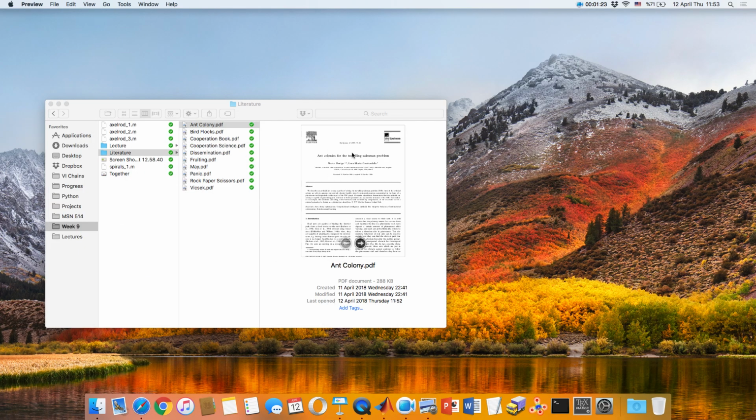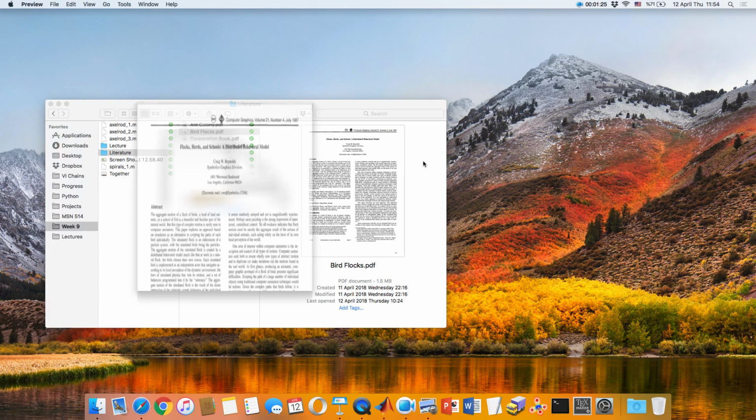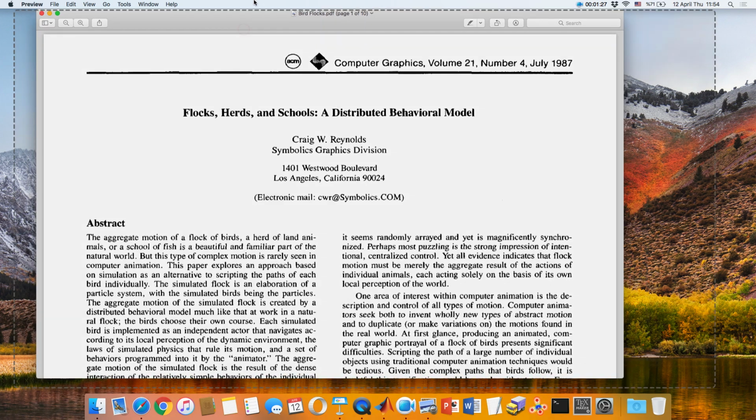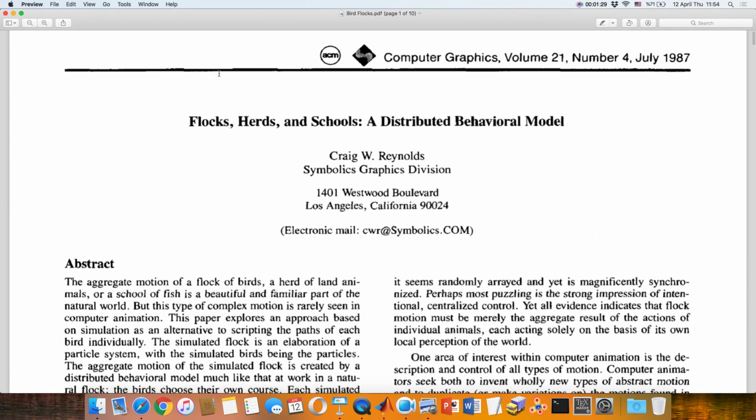Let's look at another, bird flocks. This paper has more than 9,000 citations. The other one has more than 2,400.